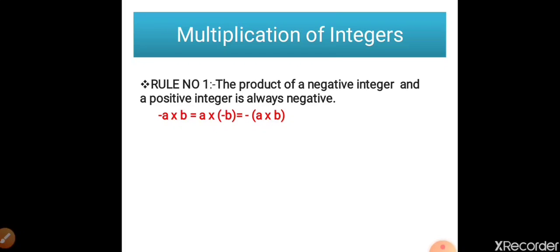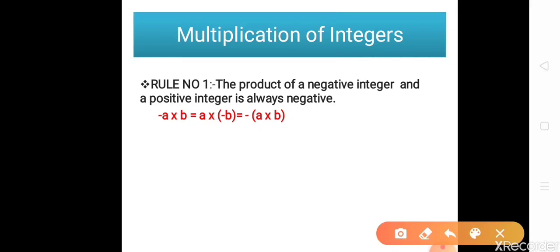If we express it mathematically, it will come out to be in this form. Here, minus a has been taken as the negative integer multiplied by b, or if we take b to be the negative integer, ultimately the product of both of these integers is going to be negative.